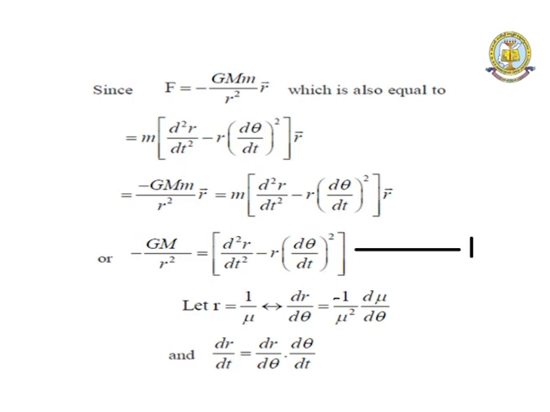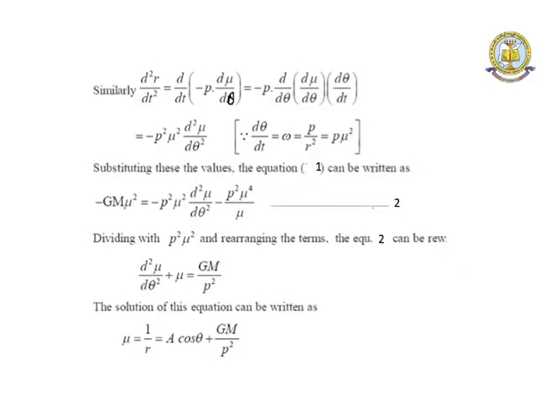So you can write minus r means 1 by u. So (dθ by dt) whole square means p square u square. So you can write whole square, that is p square into u power of 4. Okay. So dividing this equation by p square and u square, and remaining in these terms.